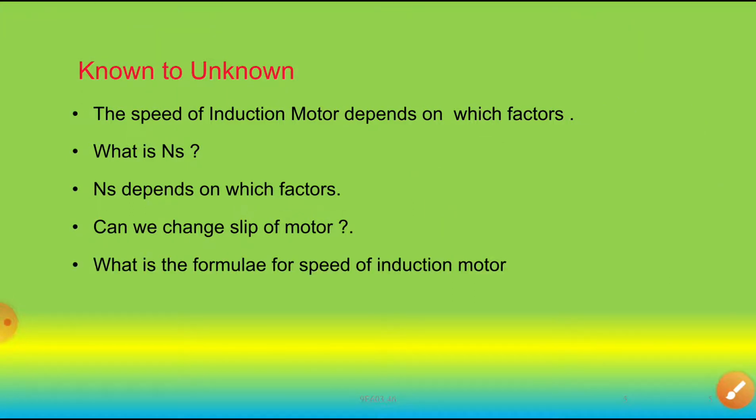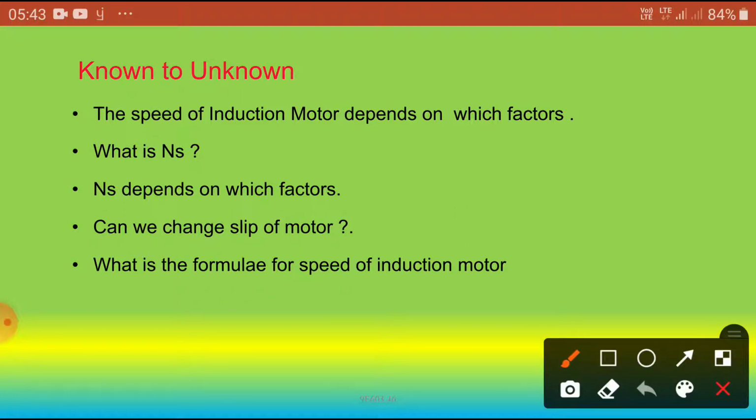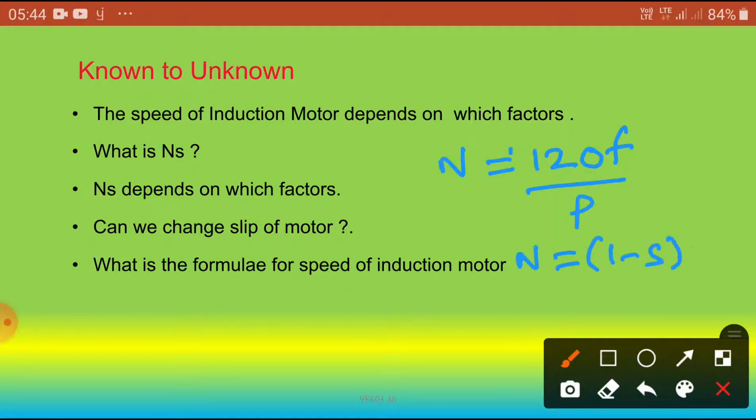What is the formula for the speed of the induction motor? As we know, N is equal to 120 f by p. This is one formula. At the same time, N is equal to (1 minus s) into ns. This is another formula. If you know the synchronous speed, we can easily know the speed of the rotor.